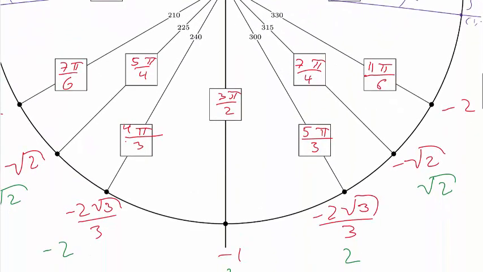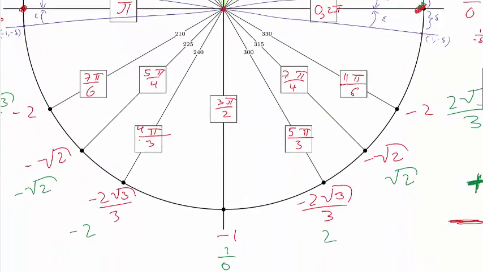Now let's come down here to the other discontinuity. And as we come from this side here, and there's our epsilon, and we have an x value of negative delta and a y value of -1, and we're looking for secant, so we're going to have 1 divided by negative delta, which is negative infinity.